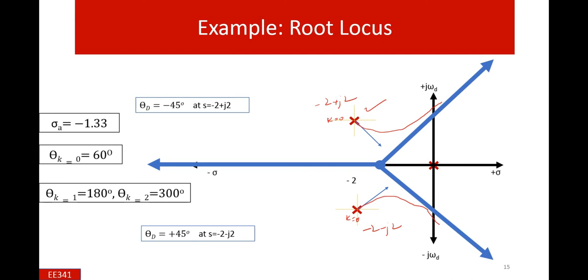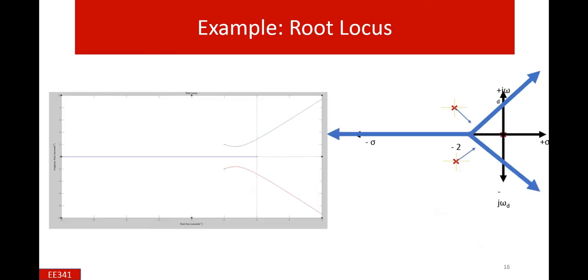And the third pole, the root locus for the third pole, which is at k equals 0 when it is at the origin on this axis, and again it is starting from k equals 0. So this is the root locus, and this root locus we can verify through MATLAB.